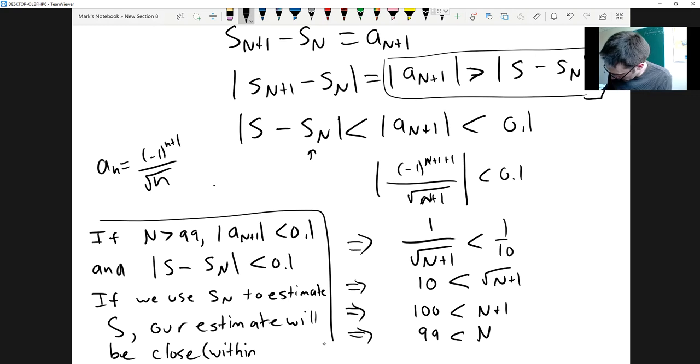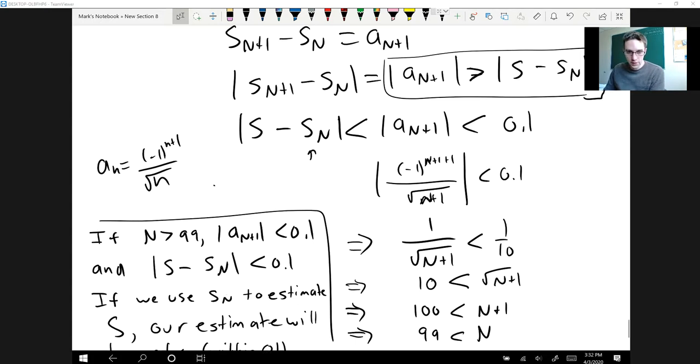And by close, I mean within 0.1 of the true answer. All right, so that's good news. All we need to do to get an estimate within 0.1 is to use some partial sum with n greater than 99, and n equals 100 seems like a good choice there.